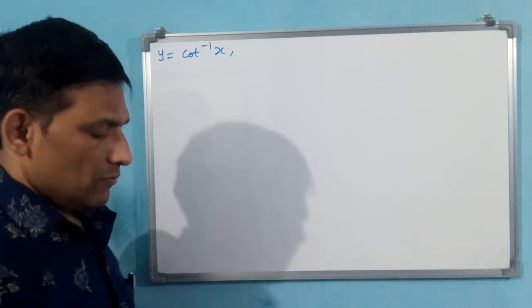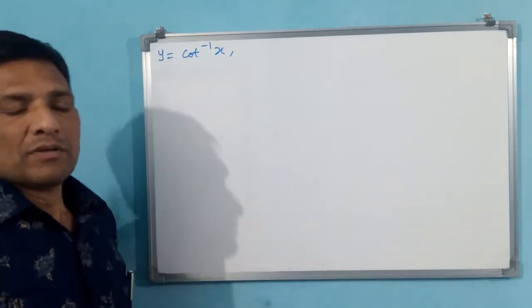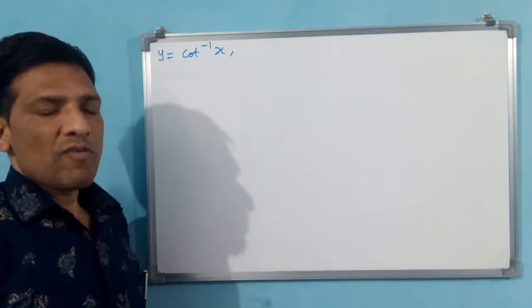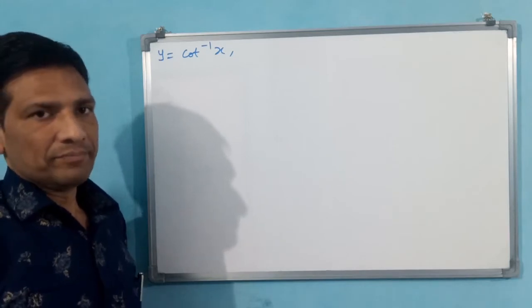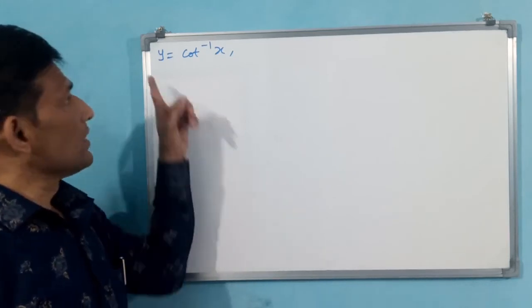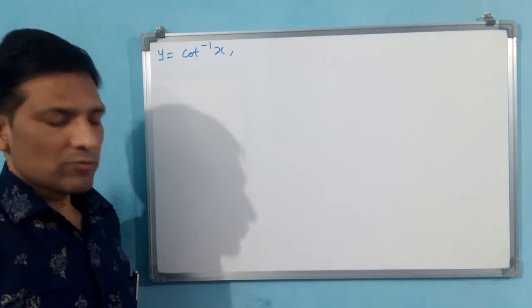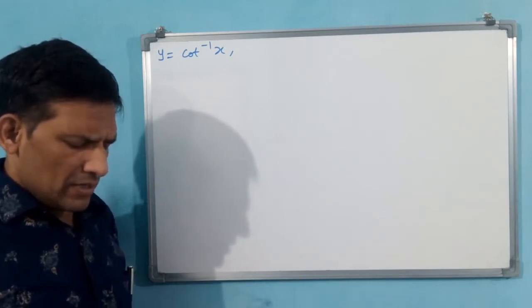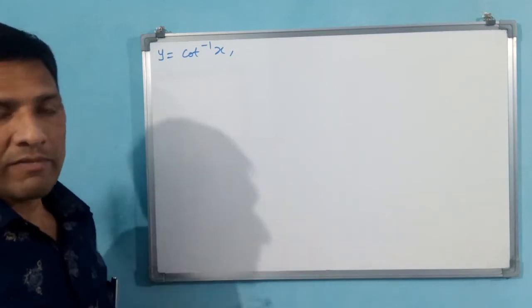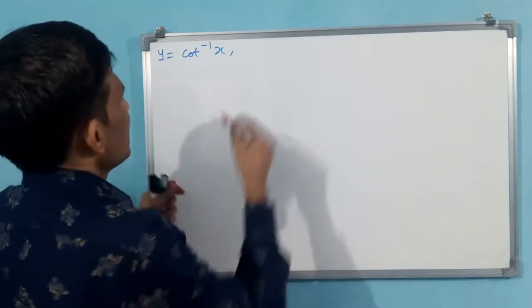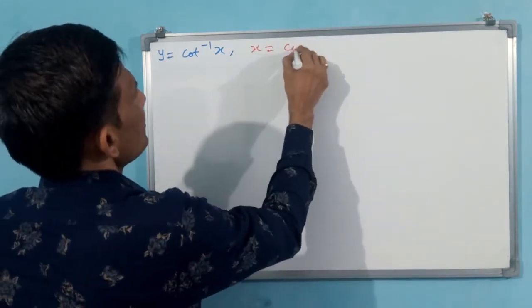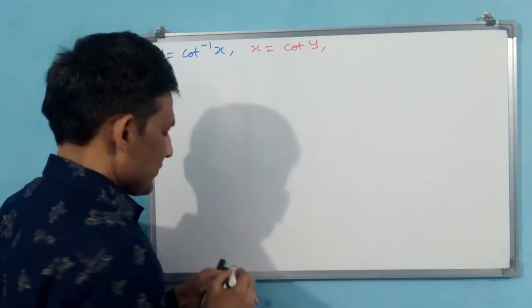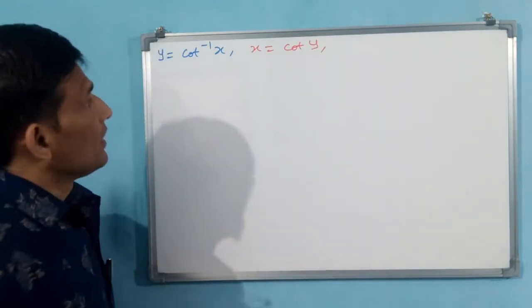Okay, now we are going to find the derivative of cot inverse x, the fourth derivative. Cot inverse x, we are going to find the derivative. Shall I write this as x is equal to cot y? Definitely I can write. Write down first: x is equal to cot y. Now what are you going to do?